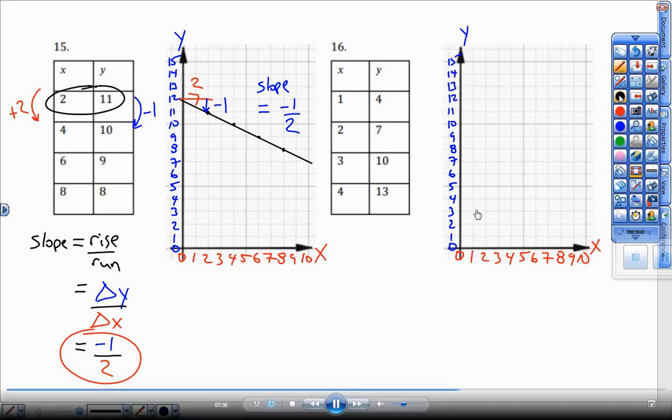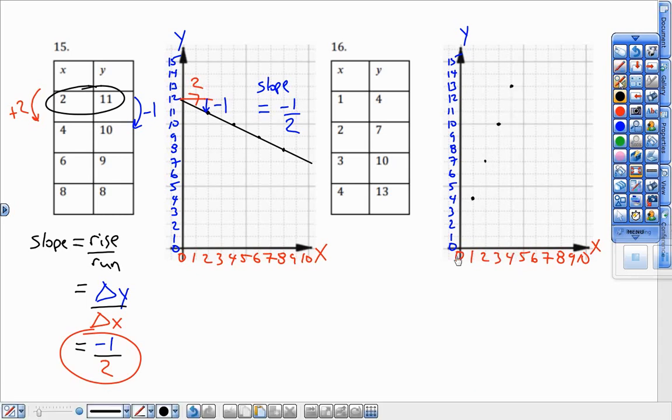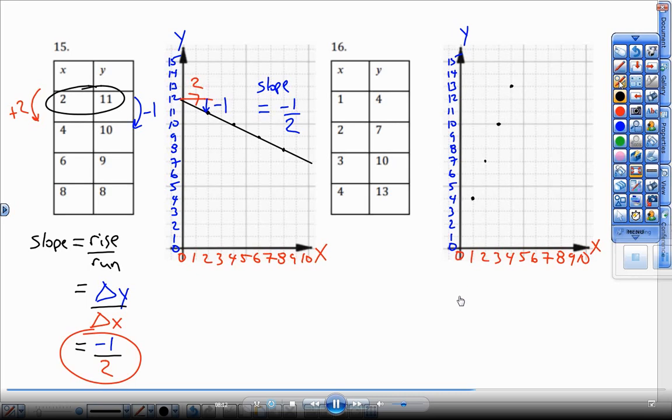The point (1, 4), the point over 2, up 7, the point over 3, up 10, the point over 4, up 13. Draw your line best you can through it.